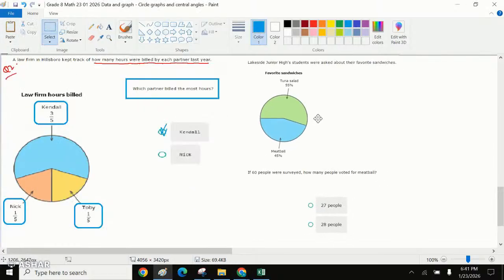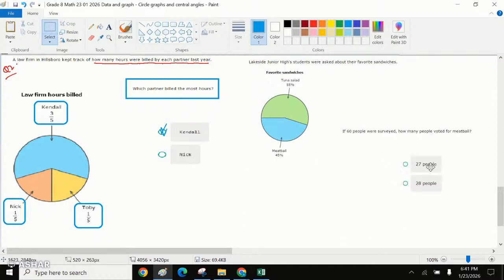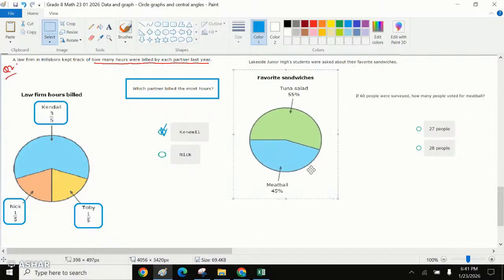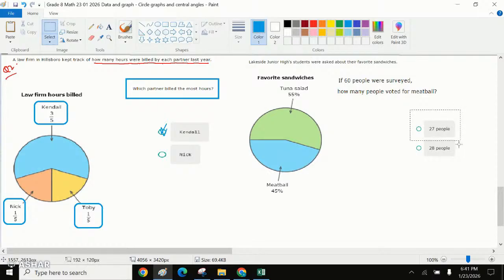Okay, the next one we have is this. Let me just put it down over here. They're talking about favorite sandwiches. Just a moment, please. Let me realign this so that it's much more readable for us.